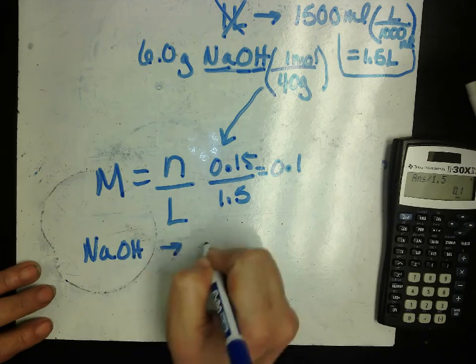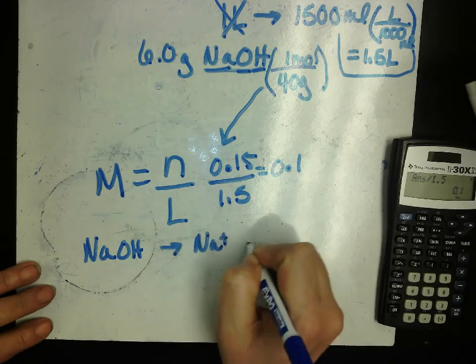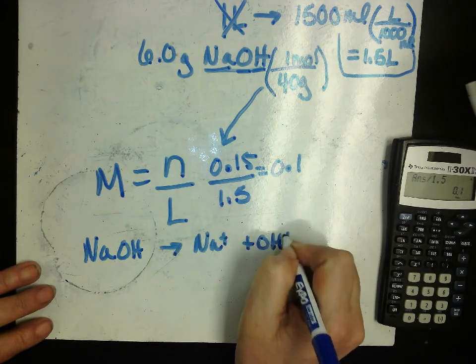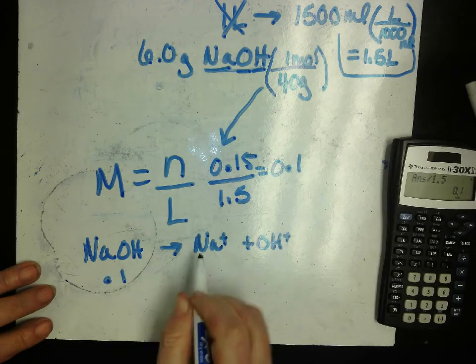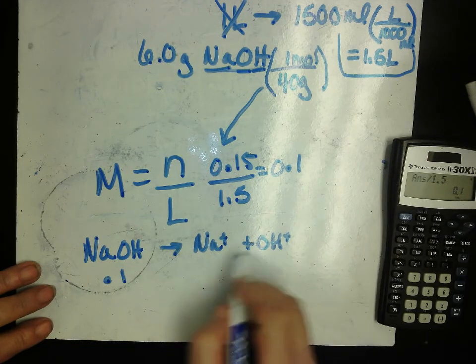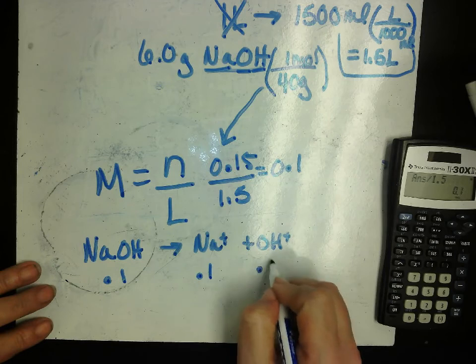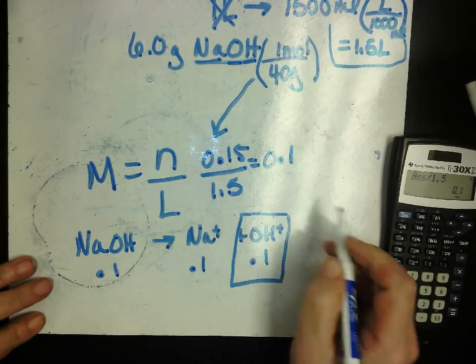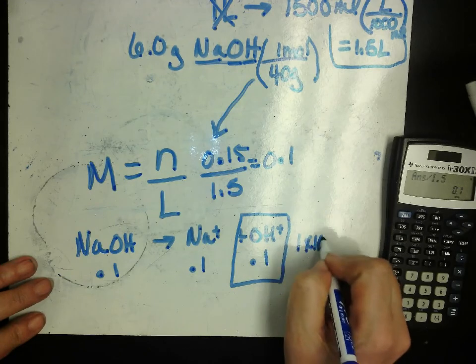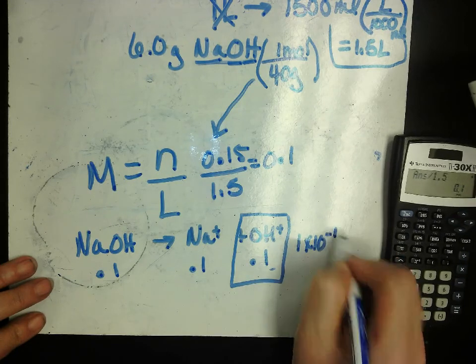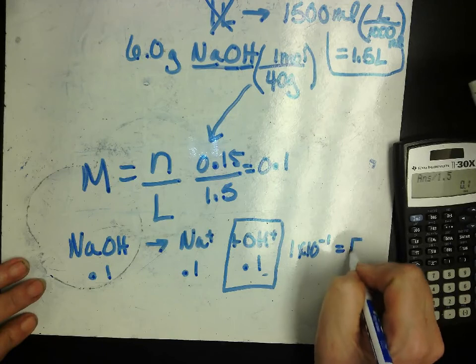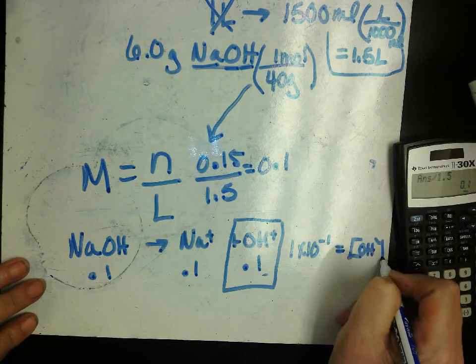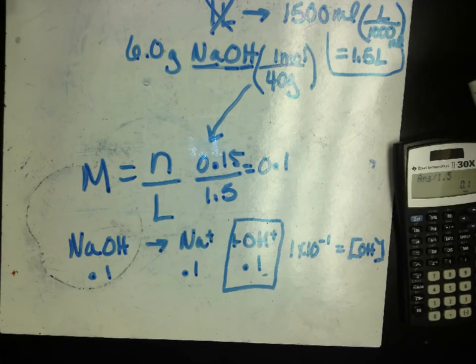NaOH in solution breaks down to sodium plus hydroxide. If I start with 0.1 of this, since it's 1 to 1 to 1, I have 0.1 molarity of everything there. So my OH- is 1 times 10 to the negative 1 equals my OH- concentration. And then you will figure out your pH and all that other good stuff.